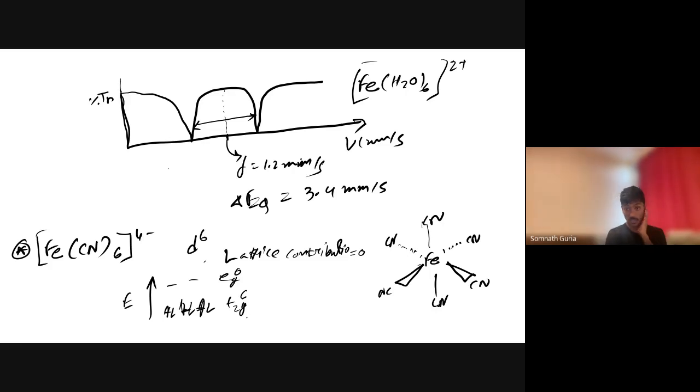That means it is a homogeneous electron distribution, so the valence contribution equals 0. So overall delta EQ will be 0 and we'll get only one line, for the ferrous hexacyanoferrous 4 minus.